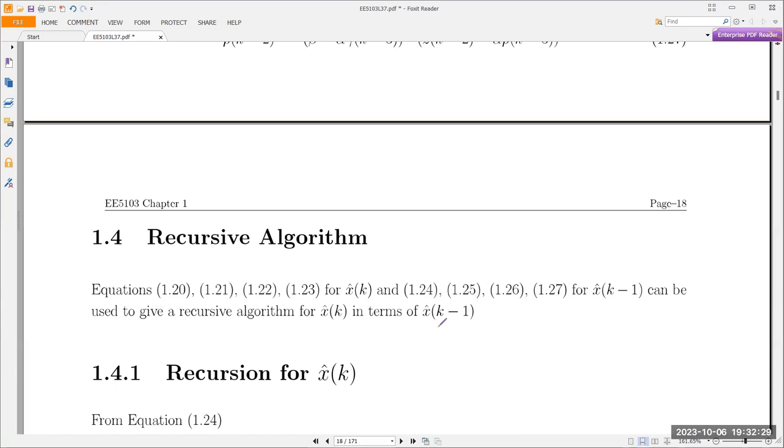So in a way there's nothing to teach, nothing to learn here except you just substitute here and there, so that xk in this equation is connected to xk minus 1 in this equation. Basically, that's all there is to it.